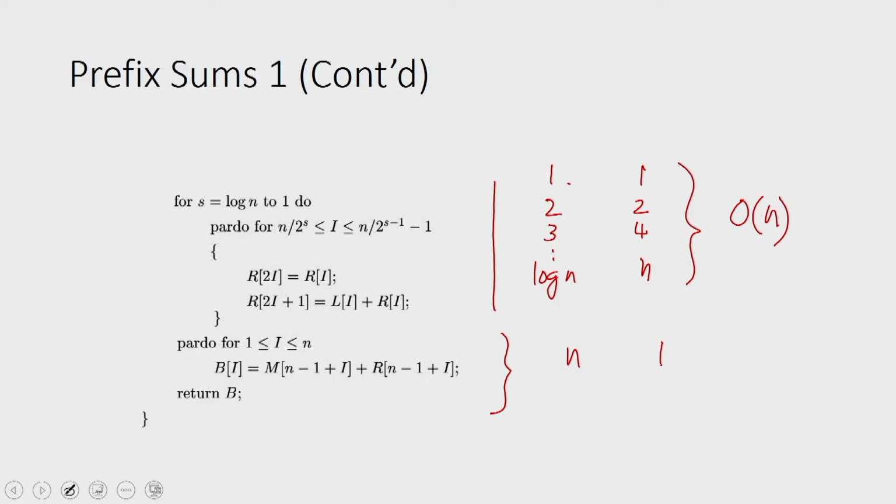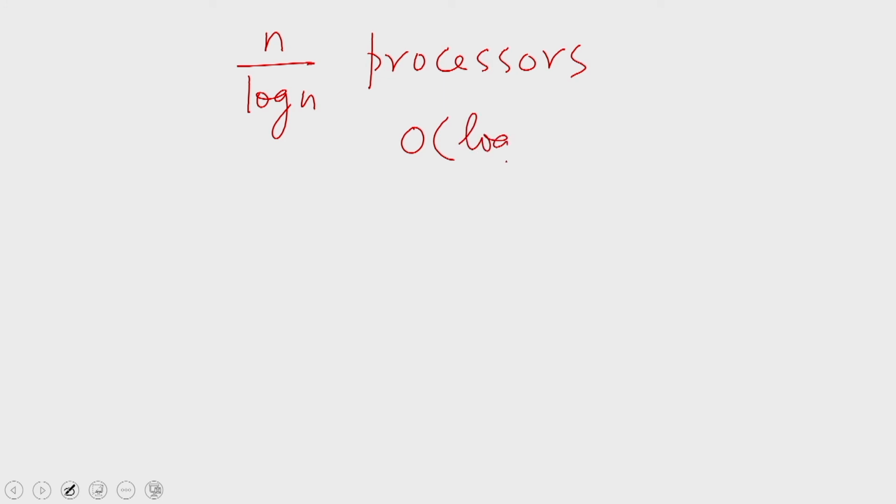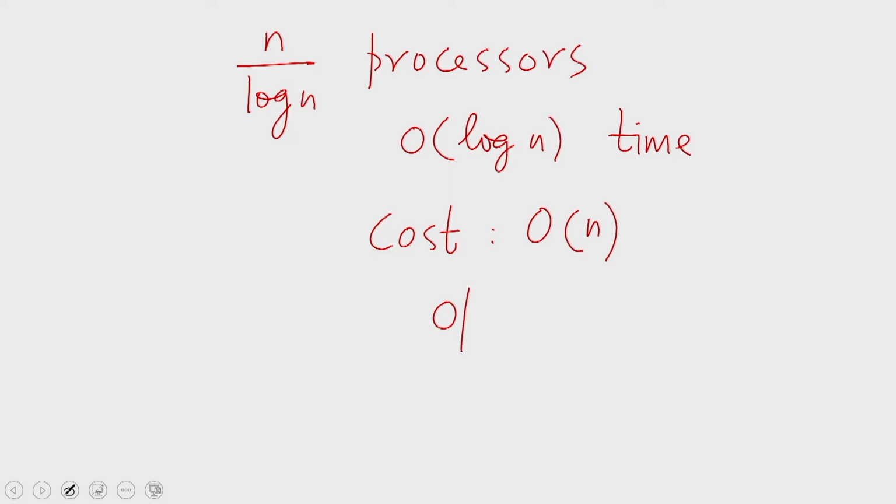Therefore, if you apply Brent's scheduling principle to the entire algorithm, we find that with n by log n processors, we can find the prefix sum of n integers in order of log n time. Therefore, the cost of the algorithm is order of n, which is the same as the sequential complexity of the problem. Therefore, we say this algorithm is optimal.